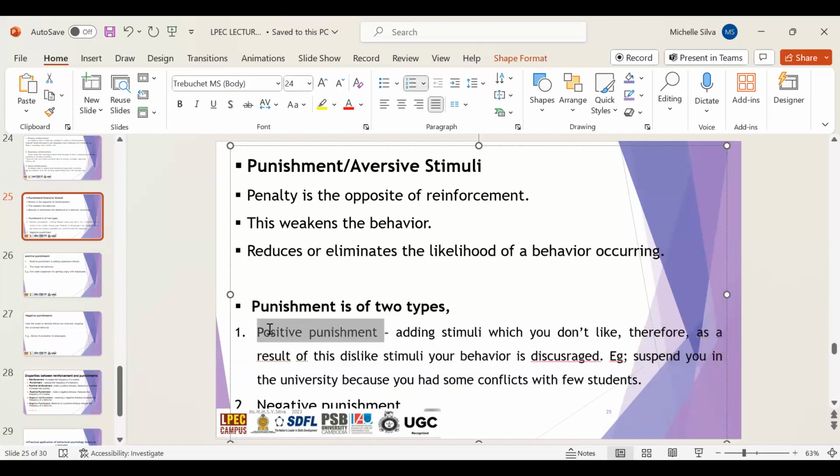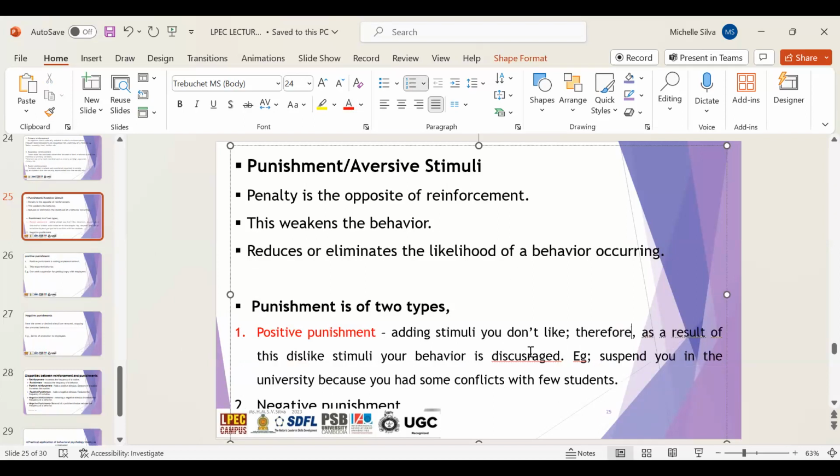Okay, this is a positive punishment. So simply, positive punishment is like discouraging behavior. Either way, it is punishment, it's discouraging behavior. It is positive or negative.